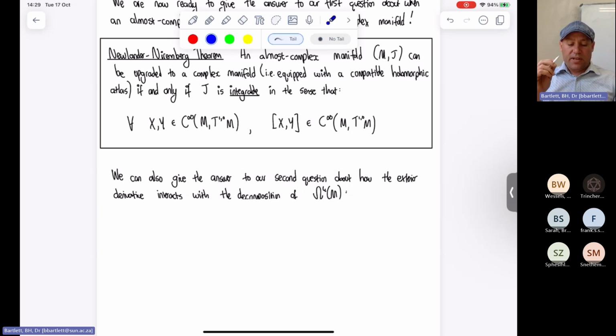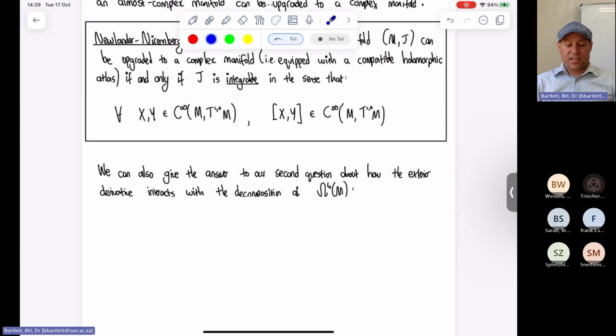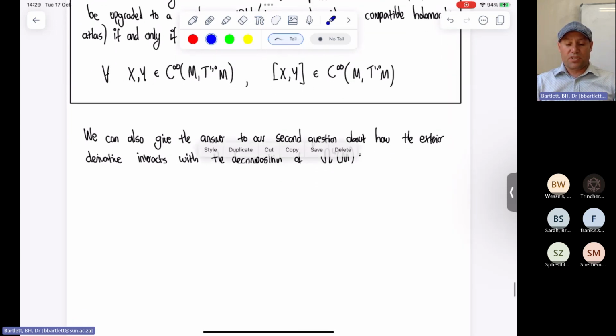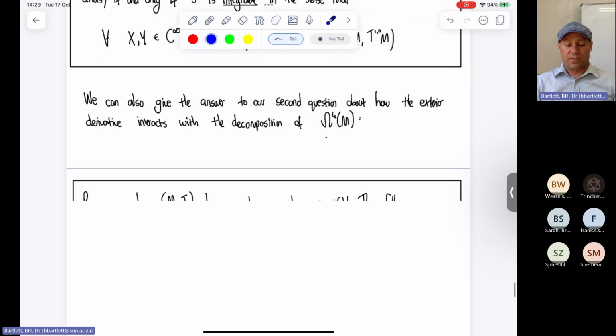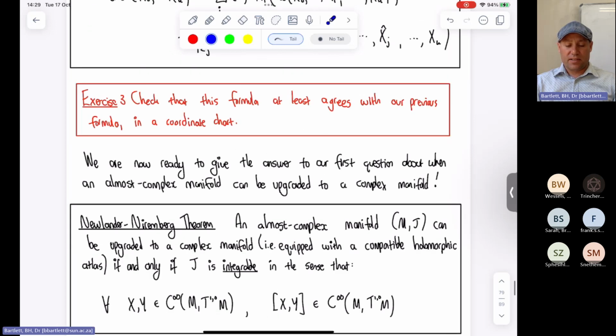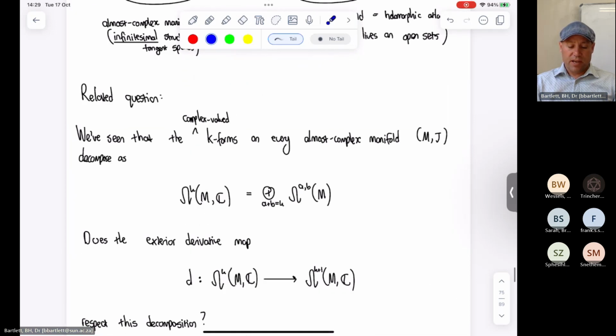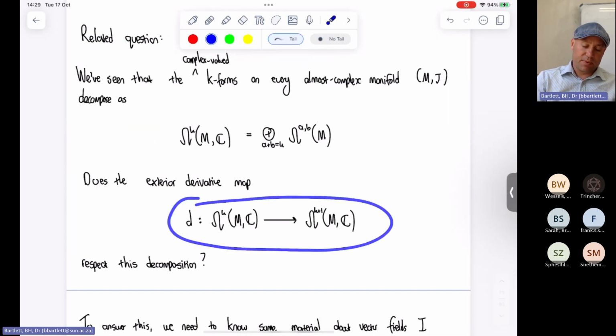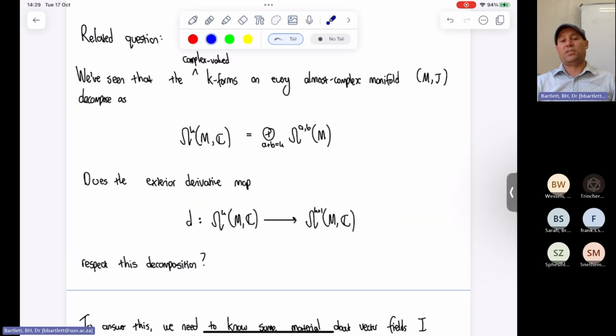Okay, so we can also give the answer to our second question about how the exterior derivative interacts with the decomposition of k-forms on a manifold. Remember, I asked in the second question, how does the exterior derivative map tie in with the decomposition of k-forms on an almost complex manifold?